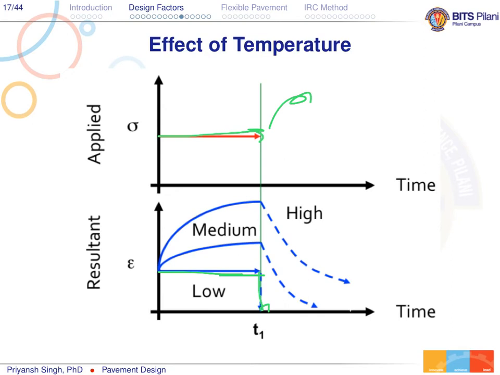If the temperature is medium, you get a higher strain, and that strain will take some time to come to zero when the load is removed. At a higher level of temperature, the strain generated will be high, and when you remove the load, it will take a higher amount of time to recover back to the original position.